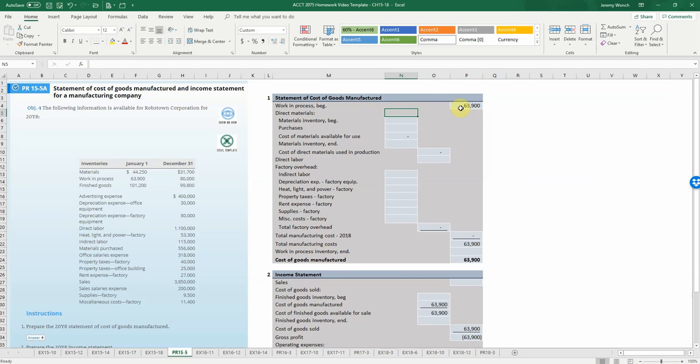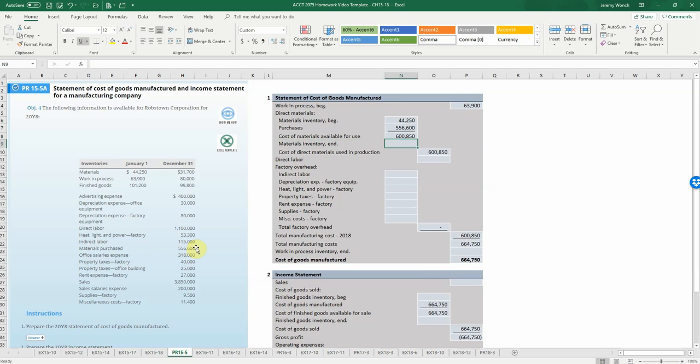Now we need to add in what goes into work in process. From our direct materials inventory, it gives us our beginning balance of 44,250, and it tells us that we made materials purchases of 556,600.